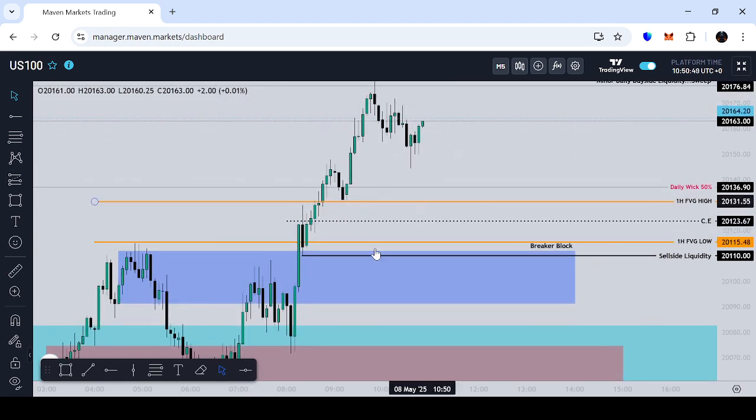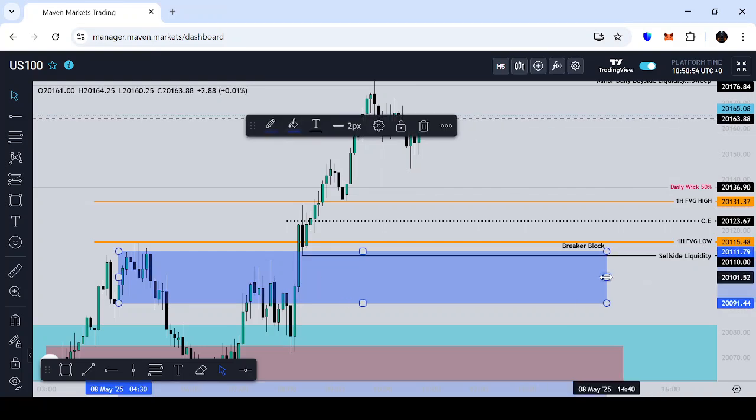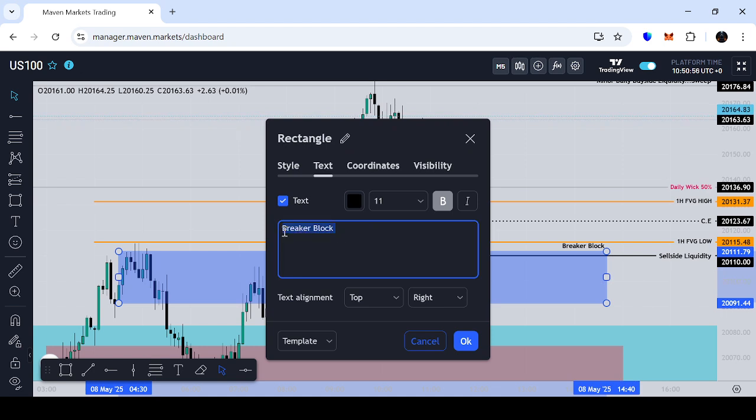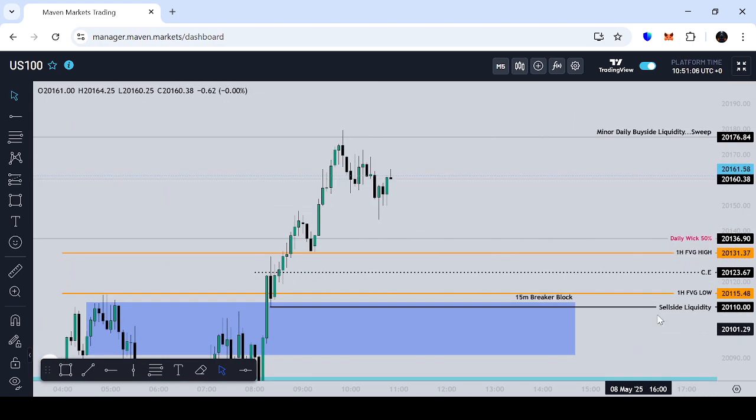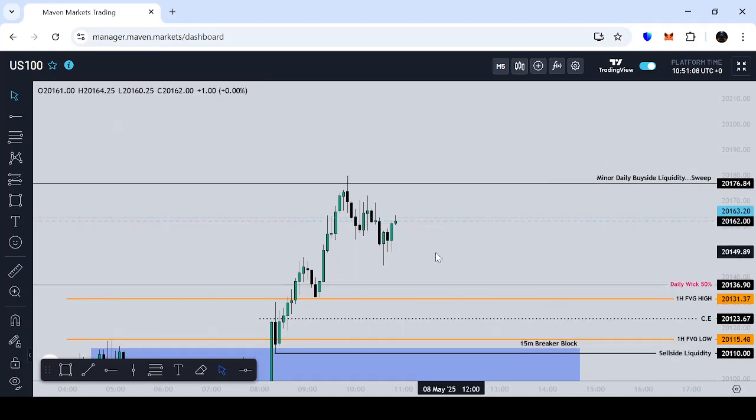So we want to see price trade and fill this gap and trade inside this 15 minutes breaker block. We have to note that there is a fair value gap there.